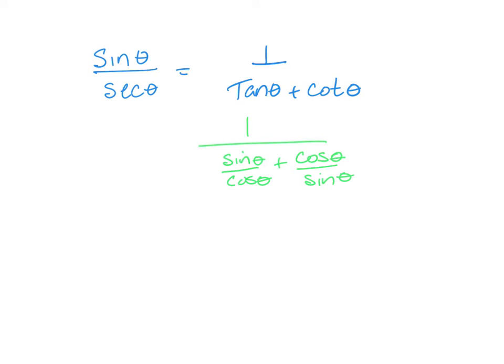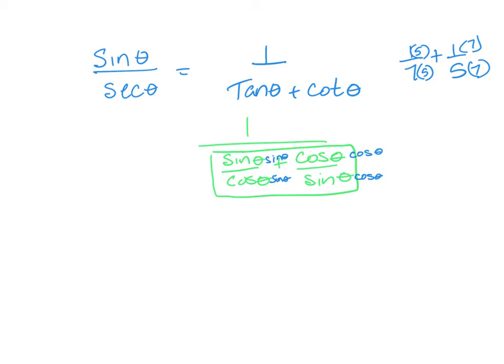So we're just going to look at the bottom section here. Okay? If we need a common denominator, this guy here needs a sine and this guy here needs a cosine. Okay? So whatever you do downstairs, you have to do upstairs. Everybody see what I did to get a common denominator?